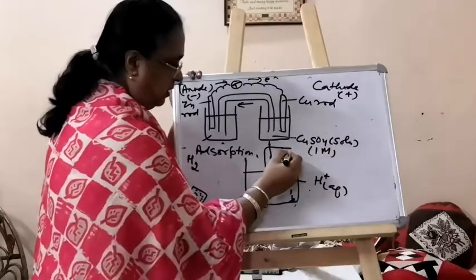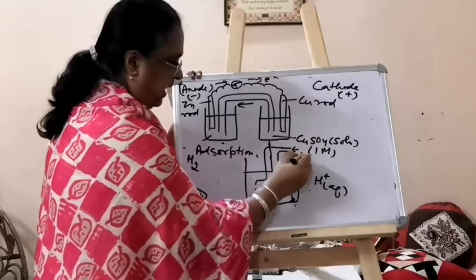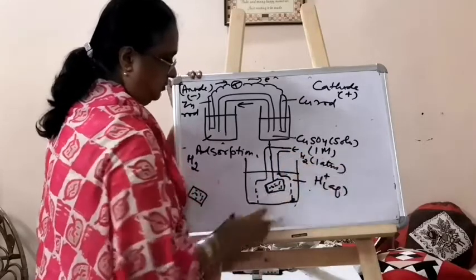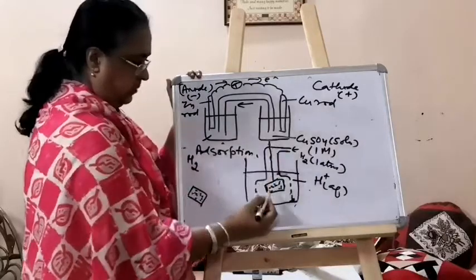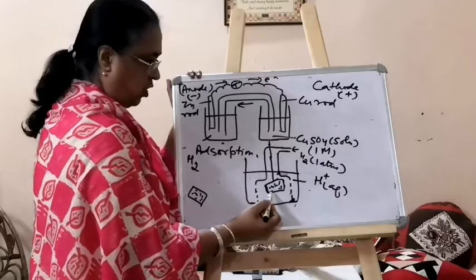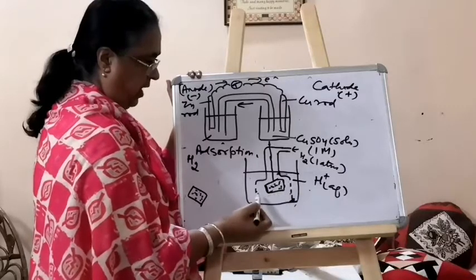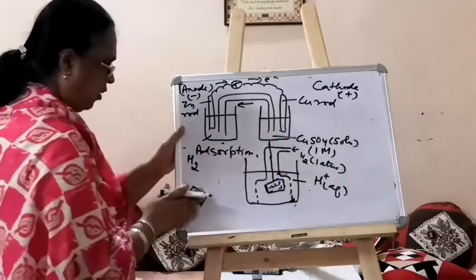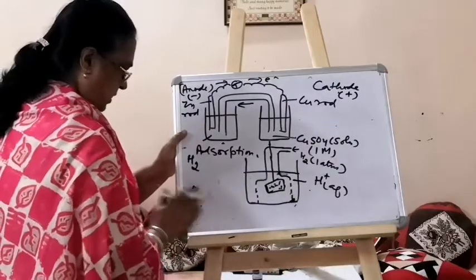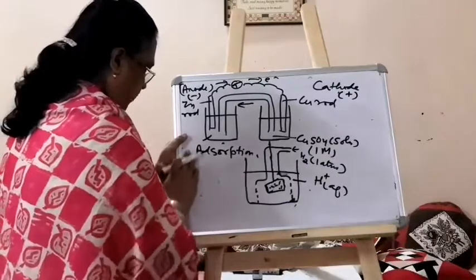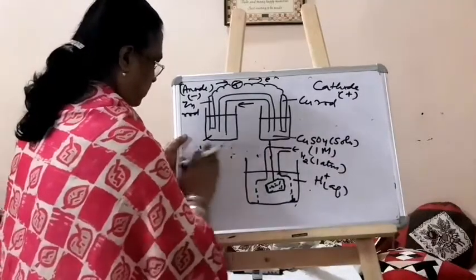From here, hydrogen gas is passed at 1 atmosphere pressure. When it comes on this platinum, it is adsorbed there, in contact with hydrogen ions. And what phenomena are taking place, that I show you. Two phenomena are possible.